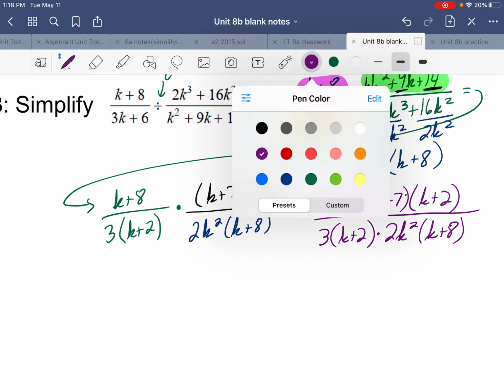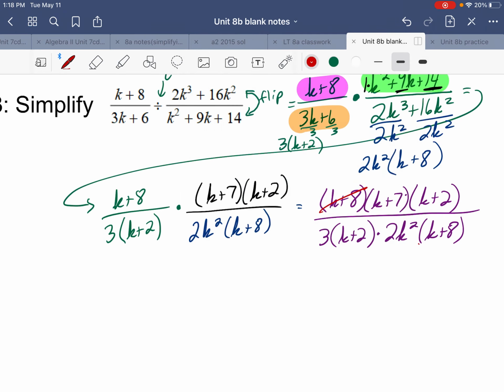Look at what is in common. We have a k plus 8 divided by k plus 8. We have a k plus 2 divided by k plus 2. Really, there should be ones. K plus 8 divided by k plus 8 is 1. K plus 2 divided by k plus 2 is 1. And we do not have any monomials in the numerator, so there's nothing to simplify there.